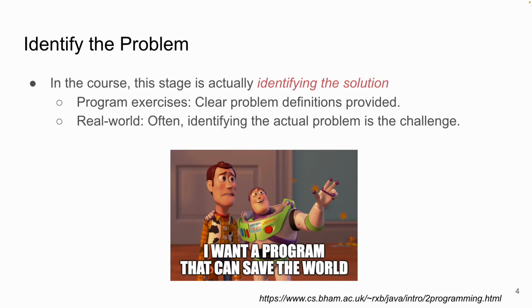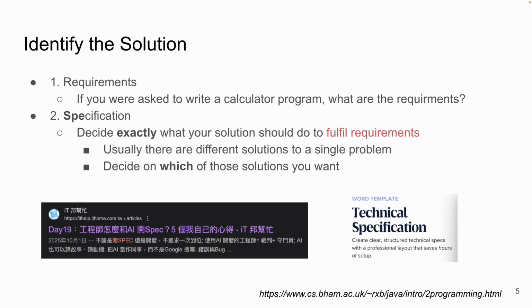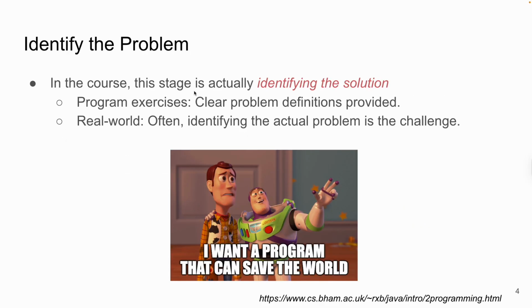The reason it's hard is that the real world is a chaotic place. The real world problem will not let you know the range of the input variables. You need to define them by yourself. So this is the first step, identifying the problem.